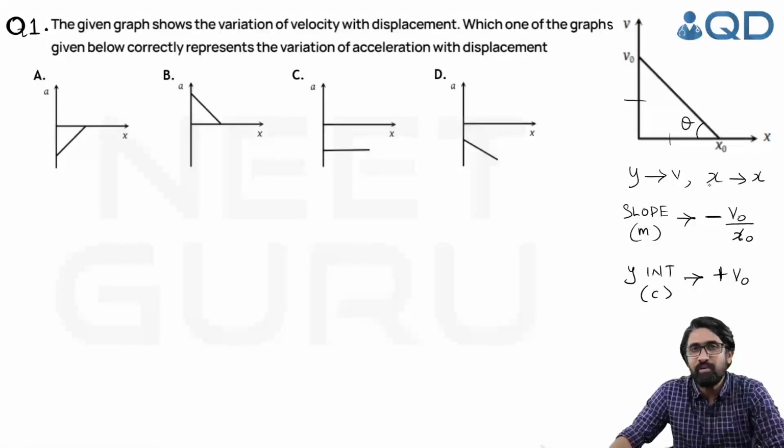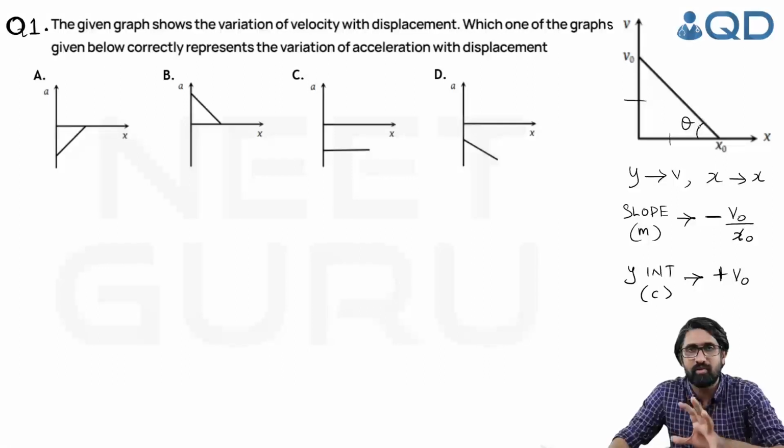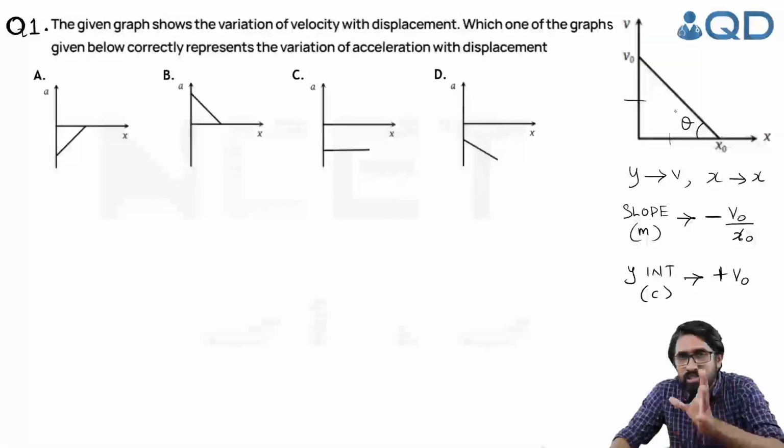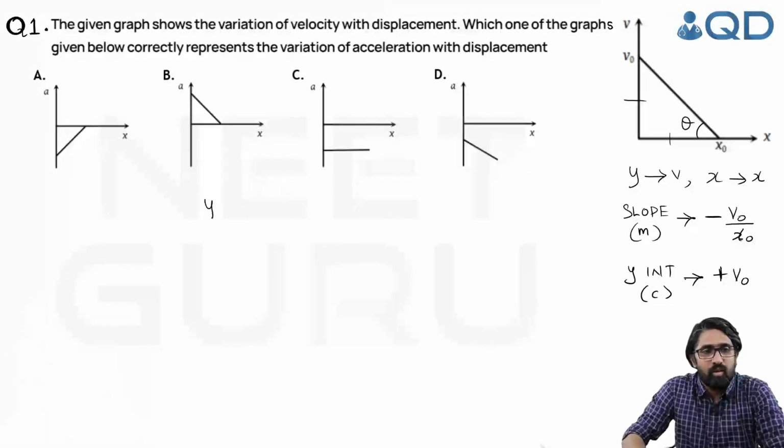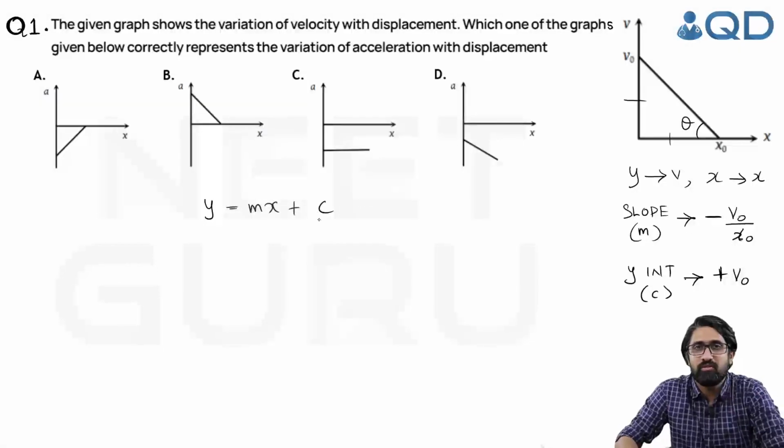Now, with the help of all this information that we have gathered from the graph, we'll write down the equation that describes the motion which is represented in this graph. That will be y is equal to mx plus c, the standard equation for a straight line.